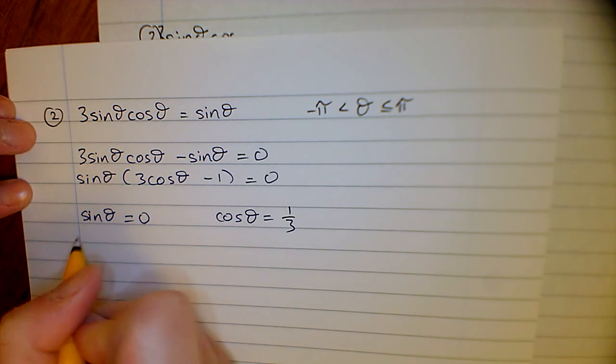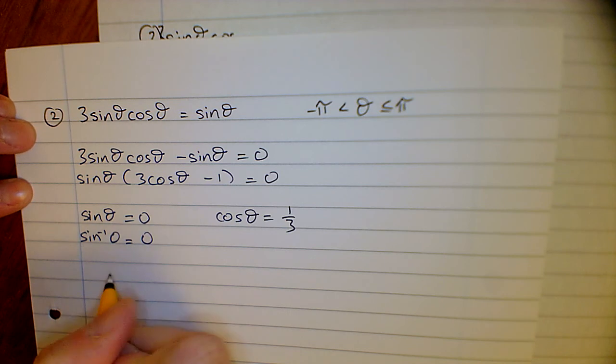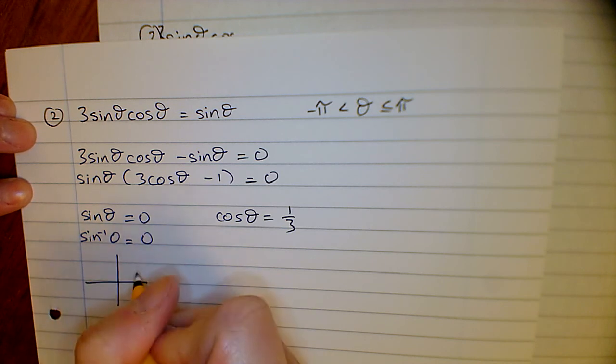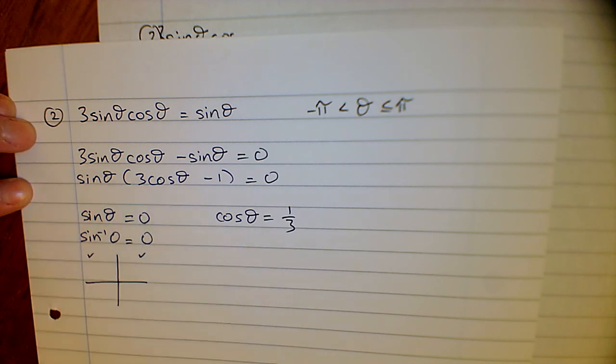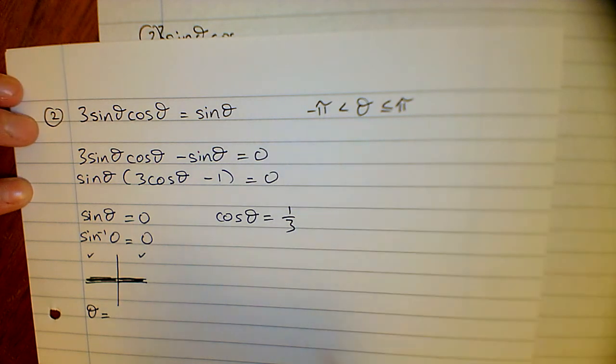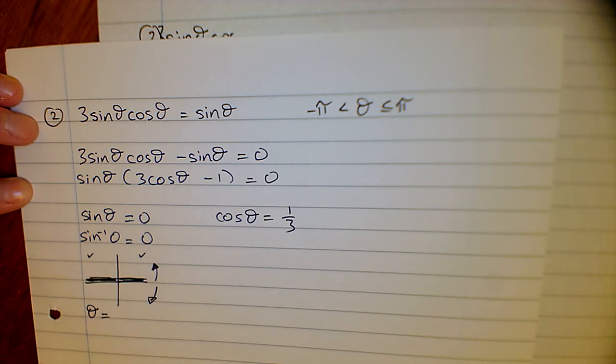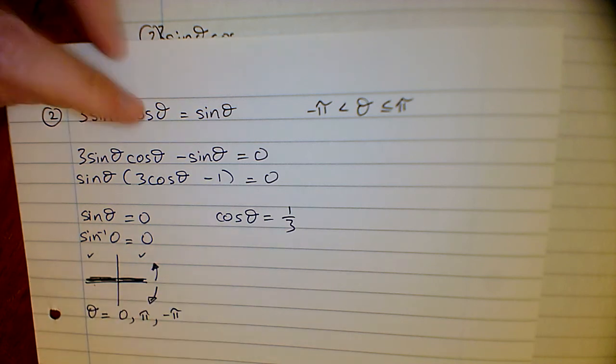I'm going to do each of them in turn then. So inverse sine of 0 gives us 0. It's sine and it's positive, so that's in these two quadrants. So we'll draw our angle there and there, which will give us two values. Remember, our range is minus pi to pi, so that was like our minus 180 to plus 180. So you go round the two different ways. So our first one is naught. If we go round to this, it'll be pi, and the other way, it'll be minus pi.